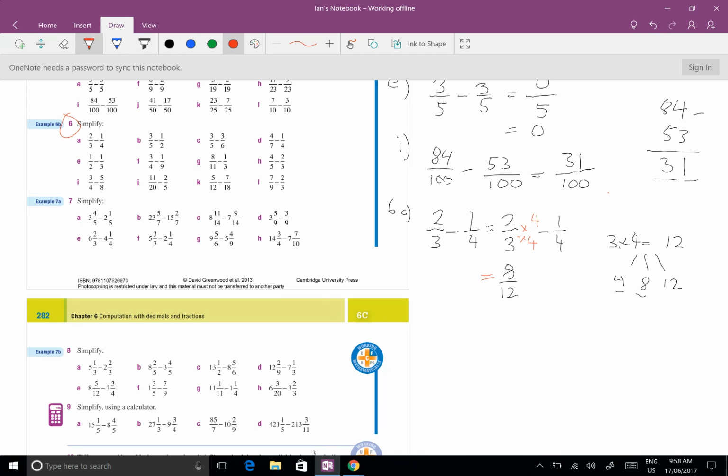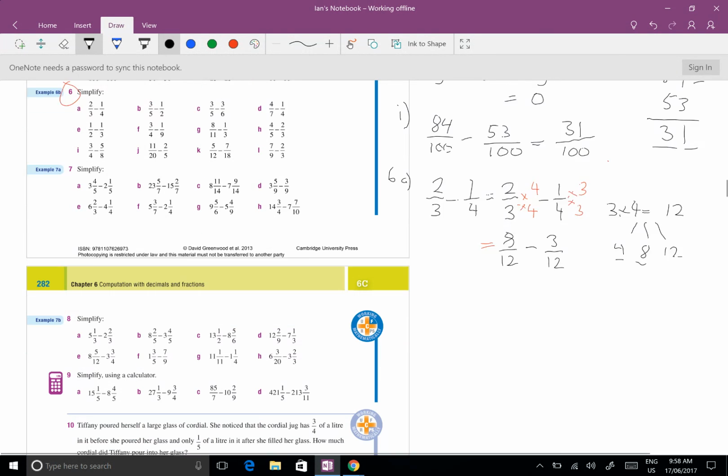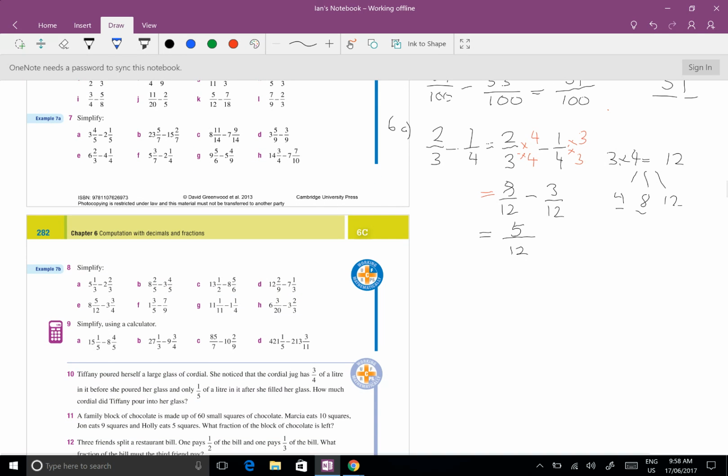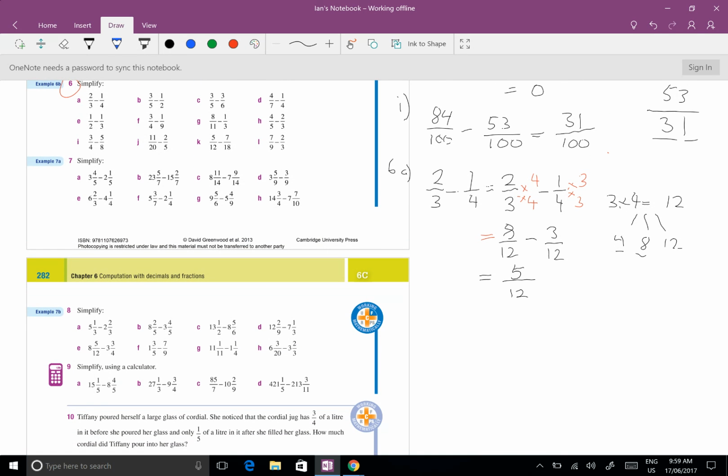What do I multiply by to get 12 on the bottom? Well, I multiply by 3. 3 times 1 is 3. 3 times 4 is 12. Now we have a common denominator, and it's pretty easy. The denominator stays the same. 8 minus 3 is 5. 5 on 12.